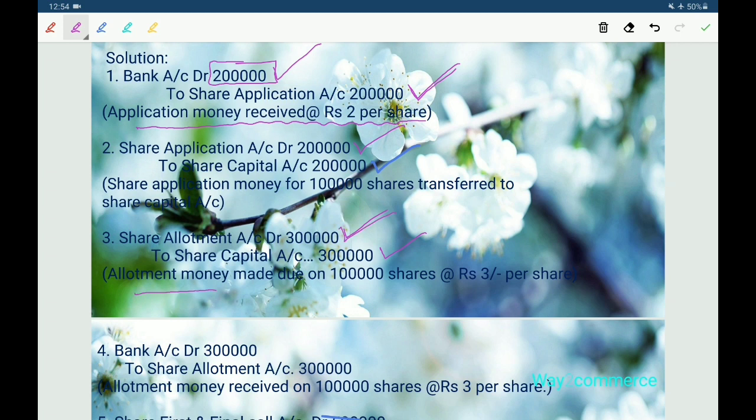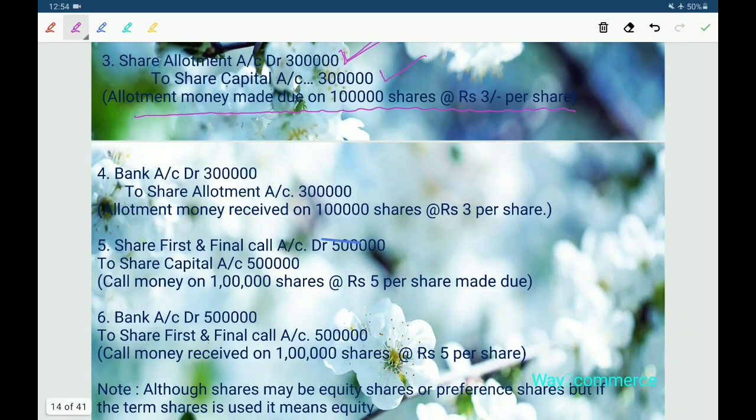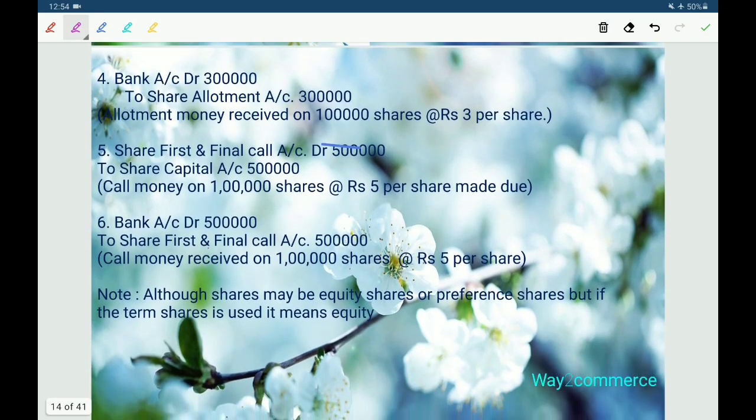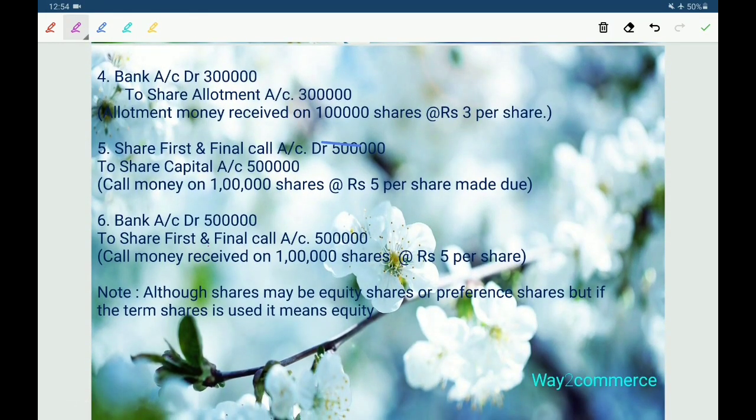Narration: allotment money made due on 1 lakh shares at 3 rupees per share. Next, after the due entry, the receipt entry. How much received? 3 lakhs. Bank account is debited to share allotment account 3 lakhs. Narration: allotment money received on 1 lakh shares at 3 rupees per share.